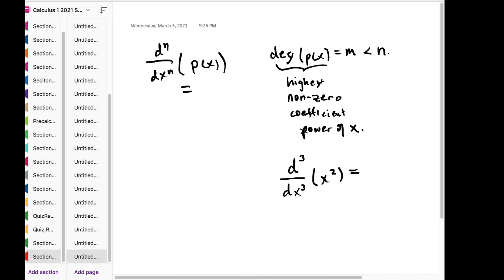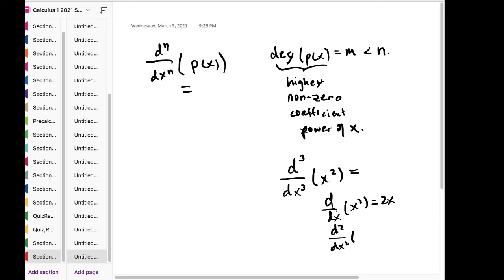Last thing we'll do, and then we'll be done. So, well, hold on. I think you went too fast. So the first derivative is 2x, right? The second derivative is what?